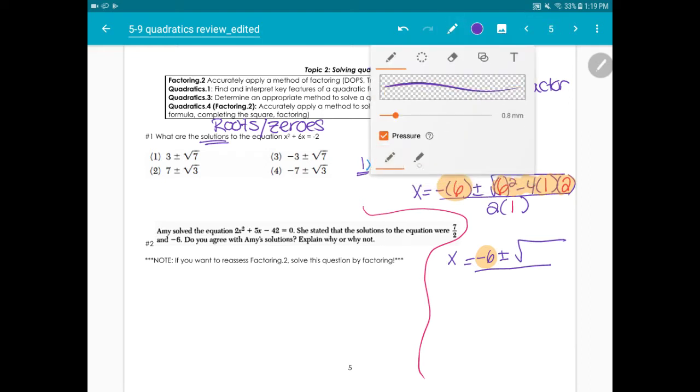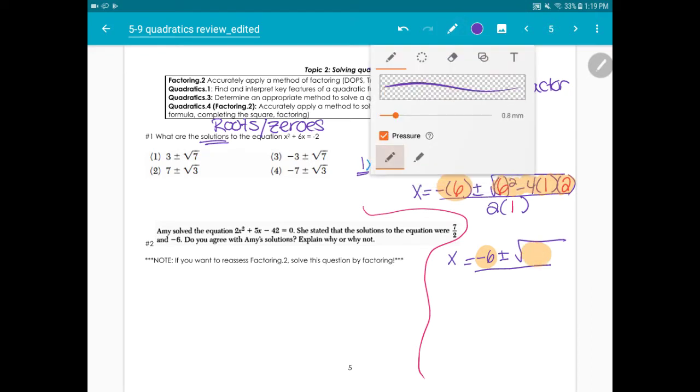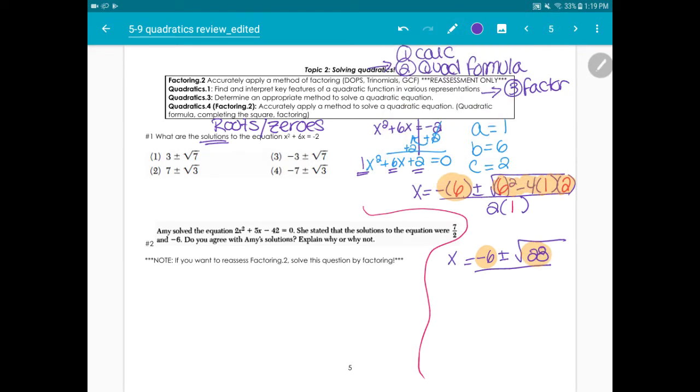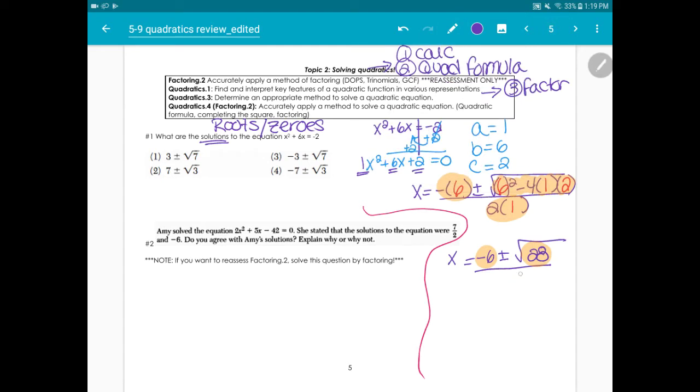That gets me 28. And then our last part is what's underneath, and that's going to give me 2. So there's 3 parts when we're simplifying. Part 1, part 2, part 3.